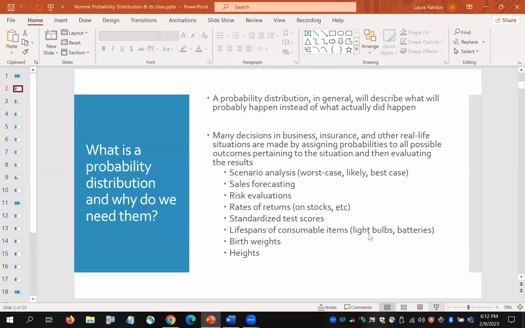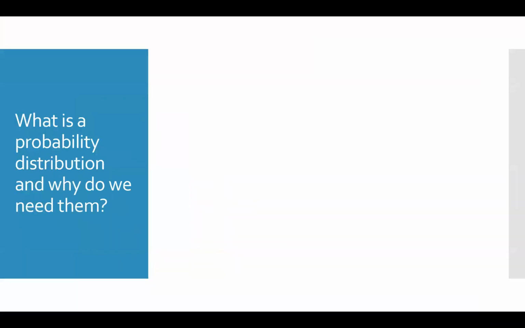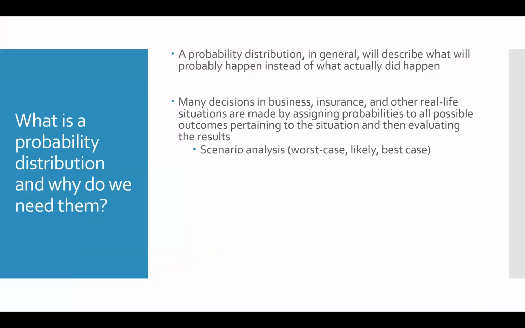Okay, so we see it a lot in business with things like scenario analysis, determining what's the worst case scenario or the best case scenario or the likely scenario. Again, because we assign probabilities to the particular events that we're considering.